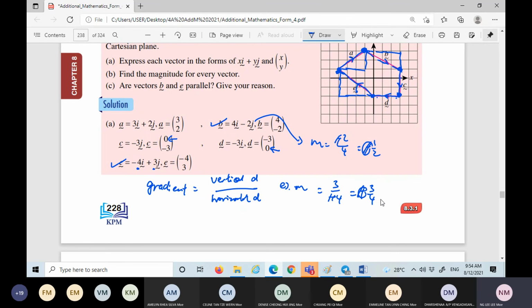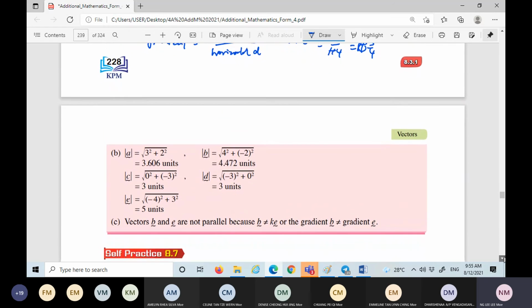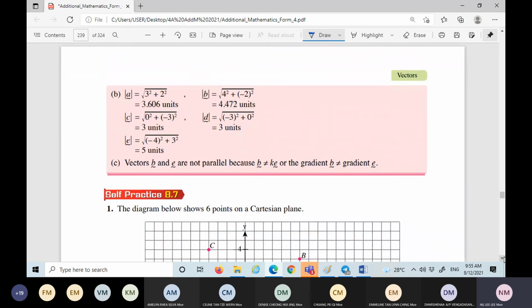One is 1/2, one is 3/4. Another way of explaining this is, because B cannot be written as a multiplication scalar of the vector E. So this is how you give the reason. Sometimes this one gives 1 mark, and then you must be able to explain it. So this is for this example.